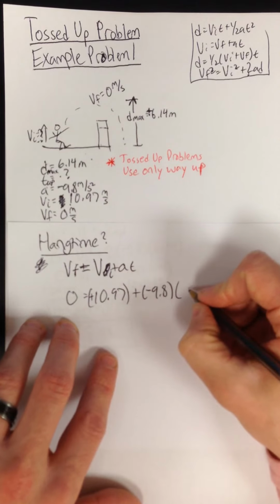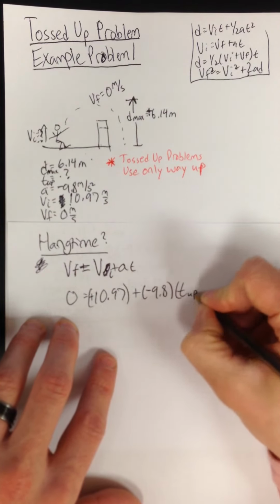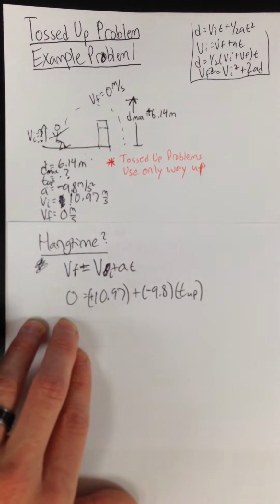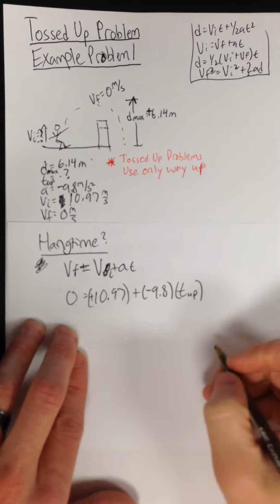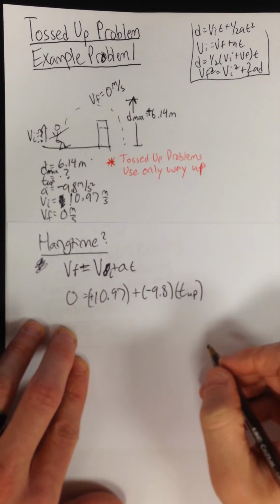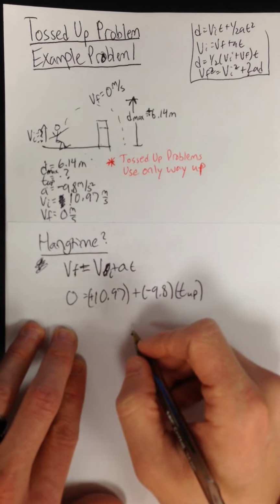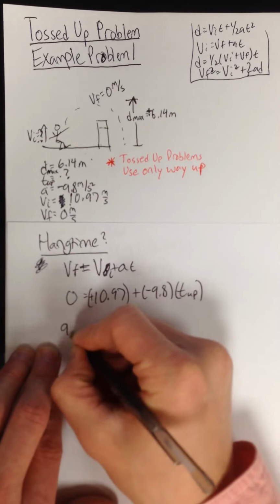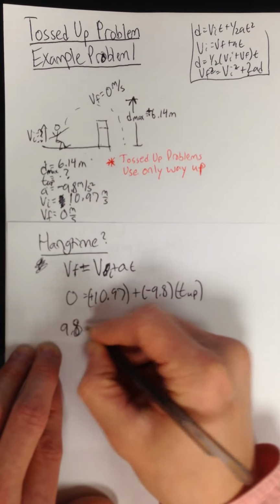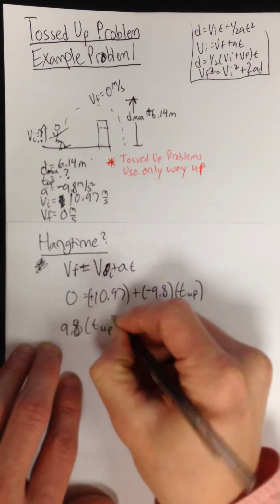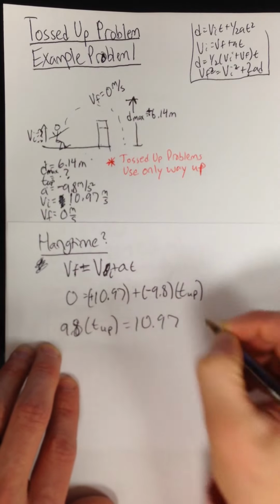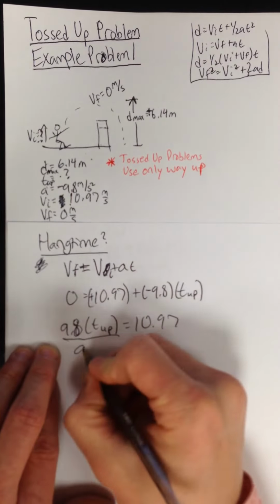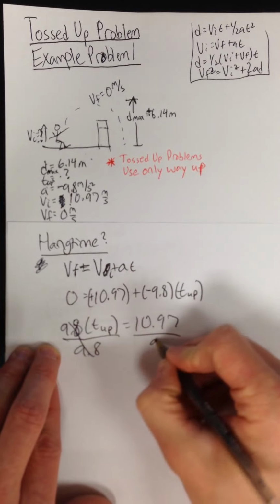Acceleration is negative 9.8. And you're solving for t up in that equation. Always using the way up. Now, you can solve for t up. You could move the 9.8 to the right side. It becomes a positive. You could divide both sides by 9.8.